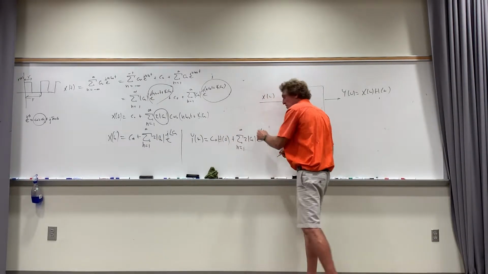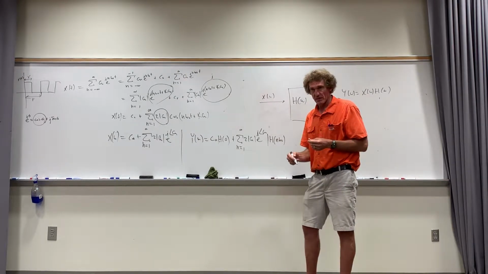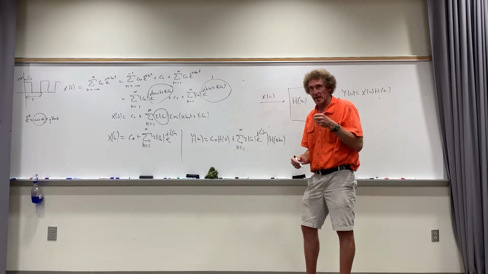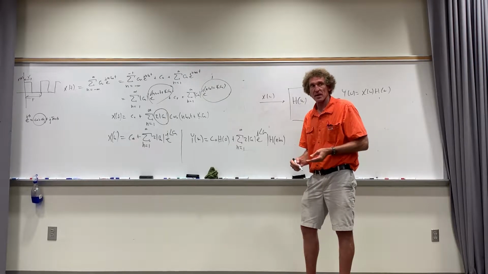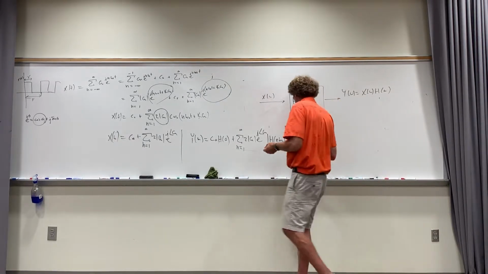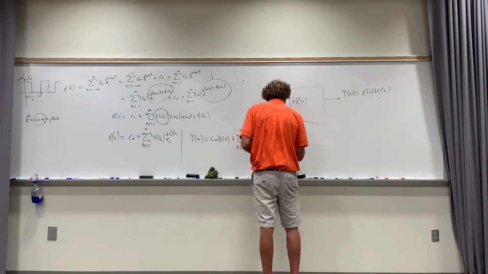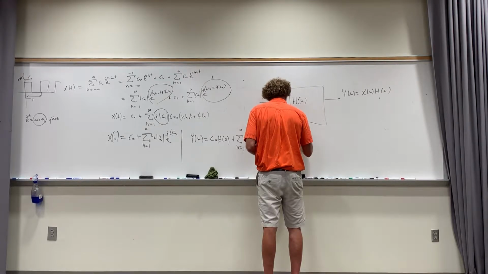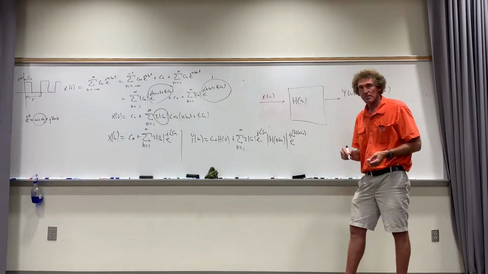Remember, as n goes up, the frequency goes up, right? And it goes up in terms of the fundamental frequency. It's going to be n times the fundamental, which is omega naught. Understand, everyone, class? And this H of omega naught has a phase angle, so then it's going to be e to the j phase angle of H of n omega naught. Everybody with me on that?